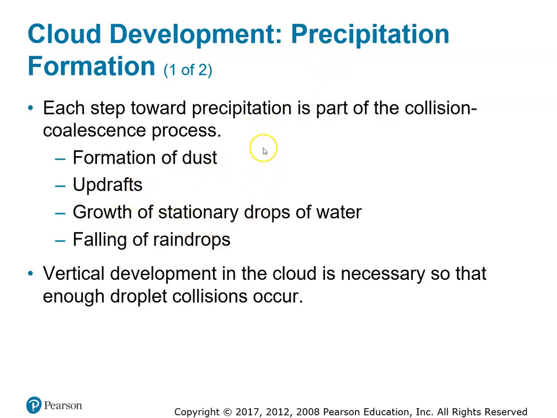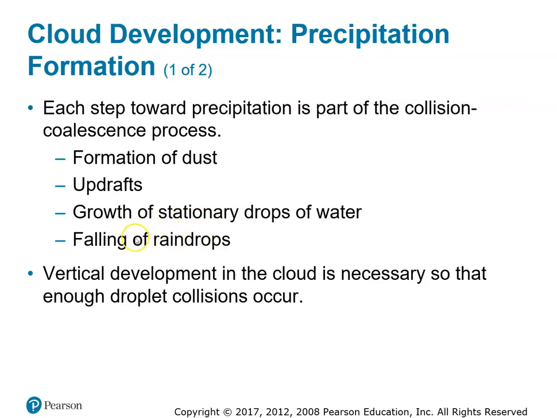And so what happens is you get these little droplets, and as they fall, they get pushed back up because they're really light, and it doesn't take much to push them back up. But when they get pushed back up, they collide. So there are overall collisions that cause these things to eventually become large enough to be true raindrops.